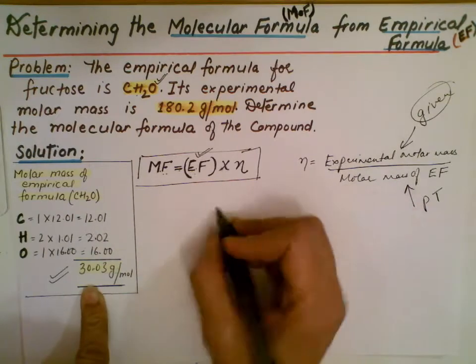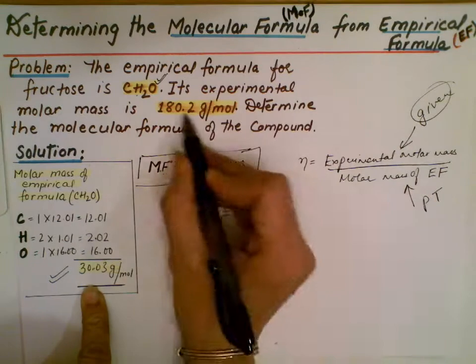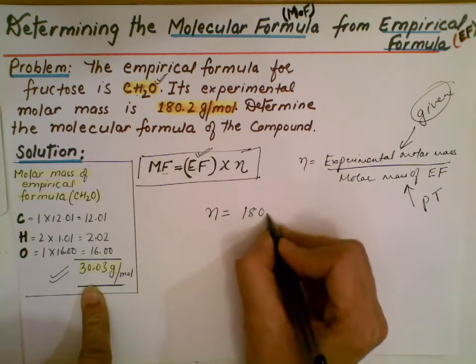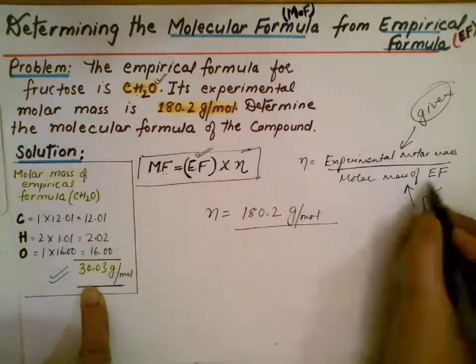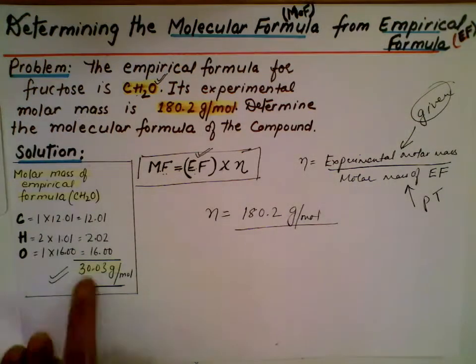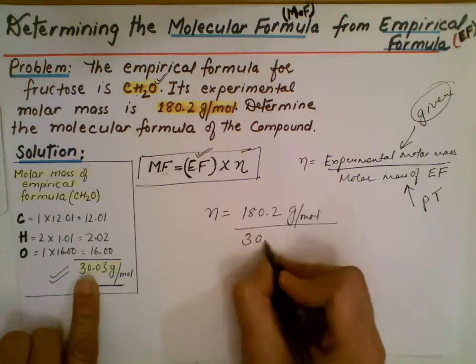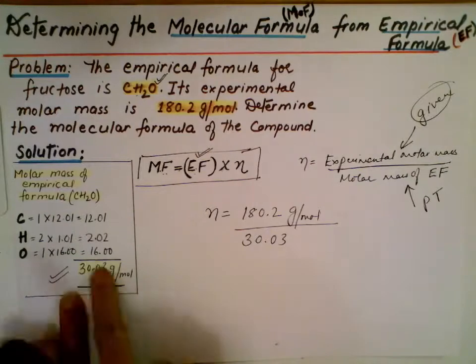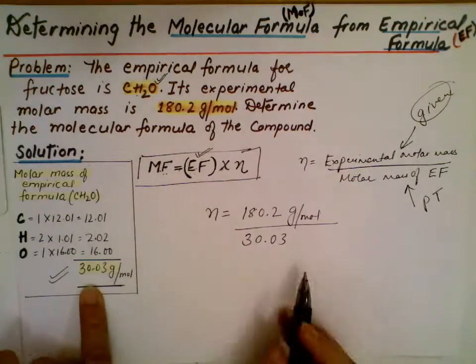Let's insert the values. n equals the experimental molar mass, which is 180.2 grams per mole, divided by the molar mass of the empirical formula that we just figured out, 30.03. This will not be given to you; you will have to figure it out. What is given in the problem is the experimental molar mass.